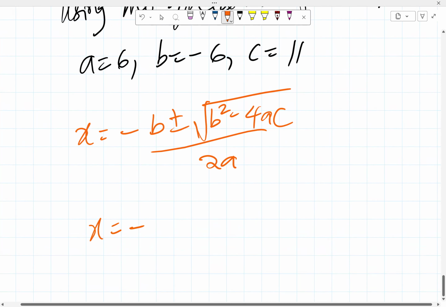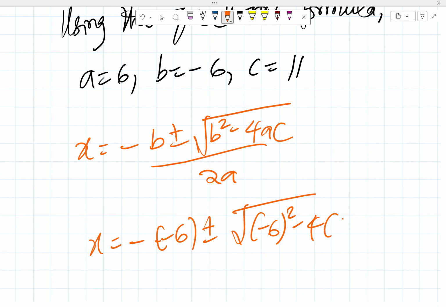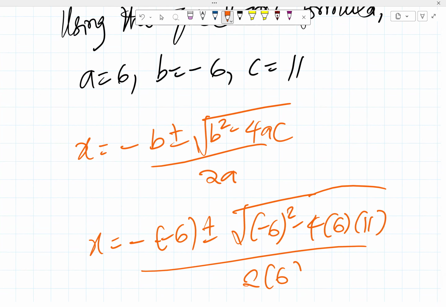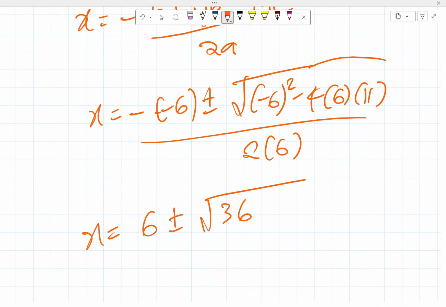So x is minus minus 6, that's 6, plus or minus square root of minus 6 squared minus 4 times 6 times 11, all over 2 times 6. So x is 6 plus or minus square root of 36 minus 24 times 11, that's 264, all over 12.